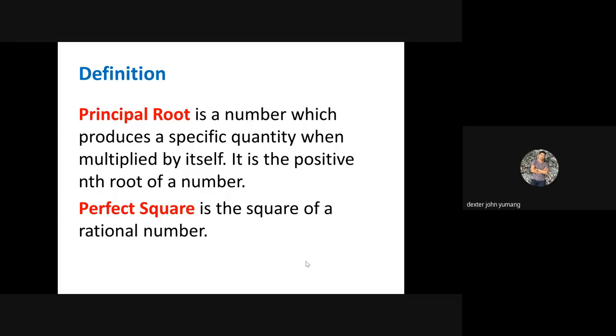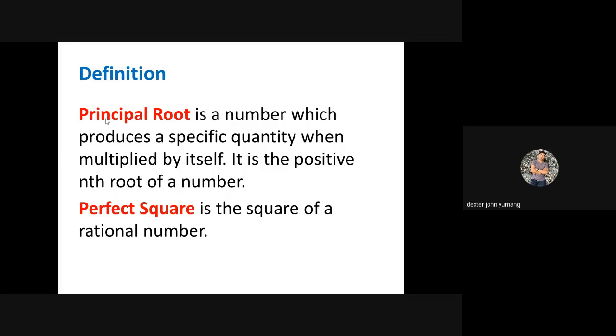Tapos, ang perfect square naman, yung sagot. So 10 times 10 is 100, di ba? Yung 100, tawag po doon is perfect square. So perfect square is the square of a rational number. For example, square root of 100, that is 10. Yung principal root doon, yung 10. Yung perfect square doon, yung 100.